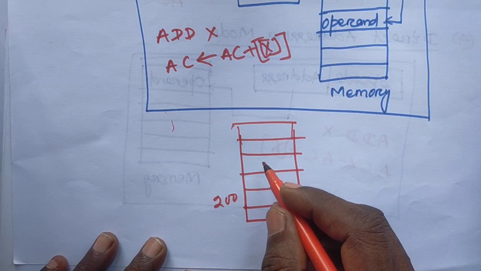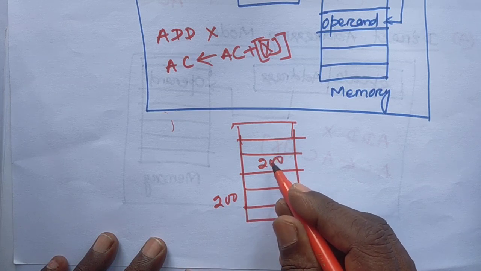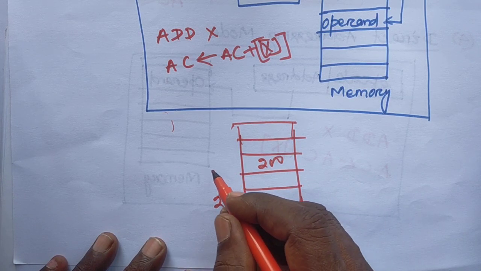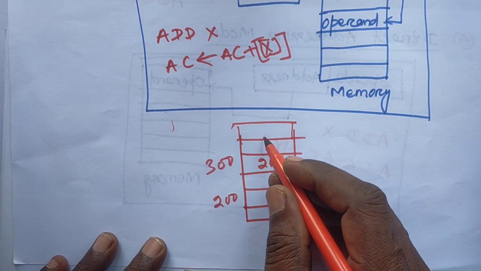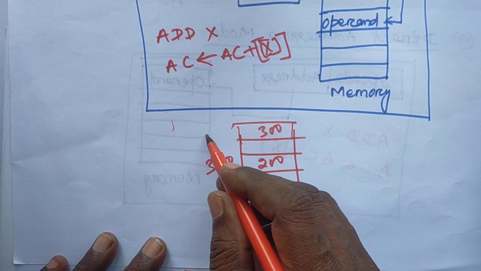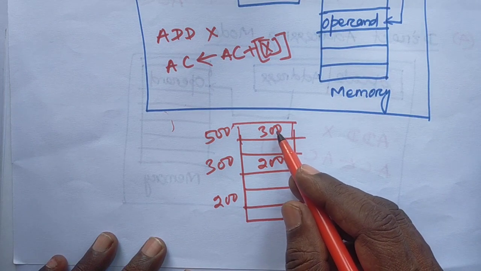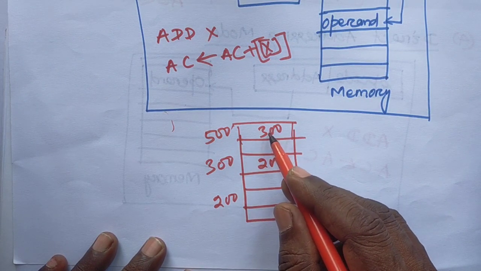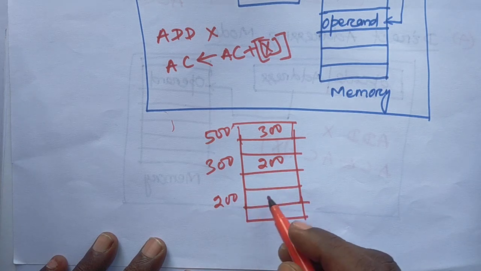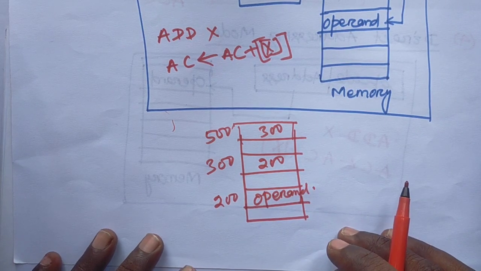Here is 300, here is 300, here is suppose 500. And this 500 comes to 300, 300 comes to 200, and 200 here is the operand. Like this we can search it.